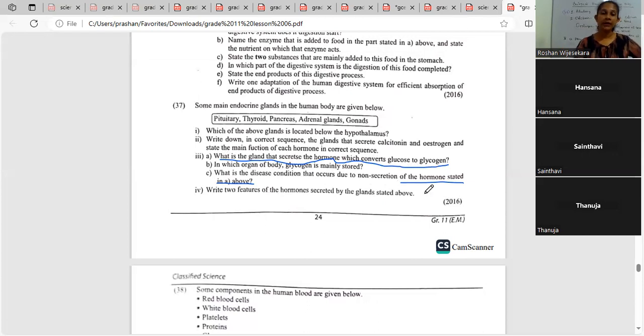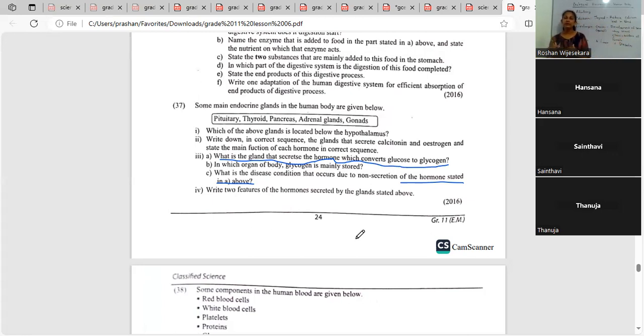If that hormone is not secreted, what happens is diabetes. If blood glucose level increases, the pancreas produces insulin hormone, which converts glucose into glycogen and stores it in the liver.